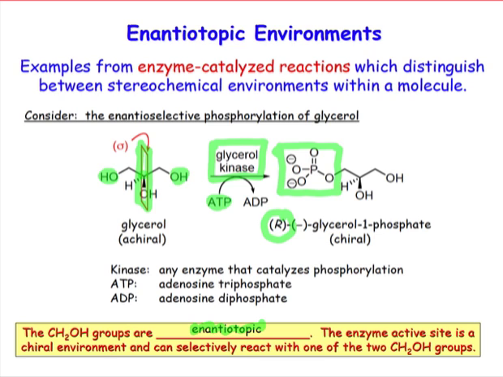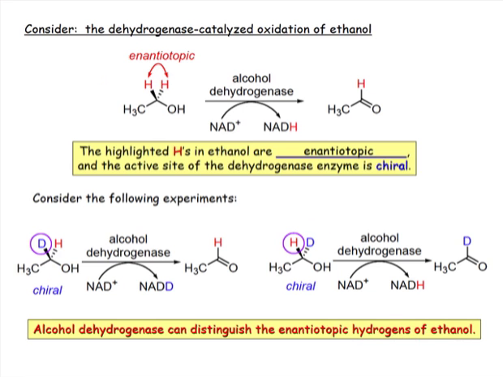The interaction of one enantiotopic group with the chiral enzyme is different from the interaction of the other enantiotopic group with the enzyme. One has to be more favorable than the other. As a result of these different interactions, it's only favorable to react one of the enantiotopic groups and not the other. Here's another example where enantiotopic hydrogens are distinguished by a chiral enzyme.